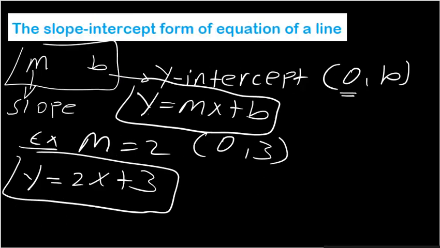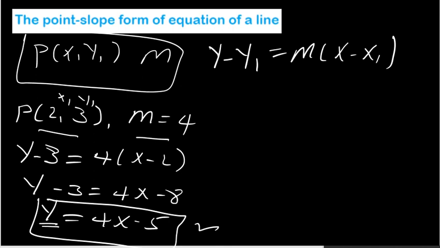The other case, when the slope and the y-intercept are given to you, it will be very easy to find the equation of the line, which will be y equal to mx plus b, just direct substitution. And the third possible case, or minimum requirement, as we said before, is that the point and the slope might be given. Therefore, we can calculate the equation of the line by the formula y minus y1 is equal to m times (x minus x1).